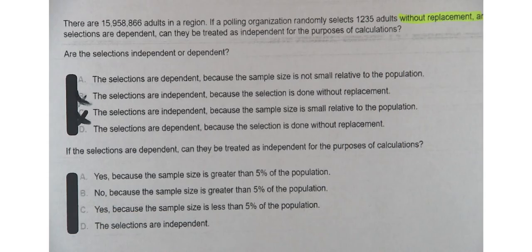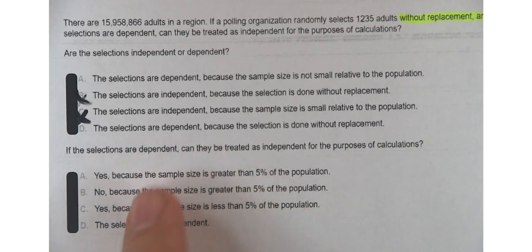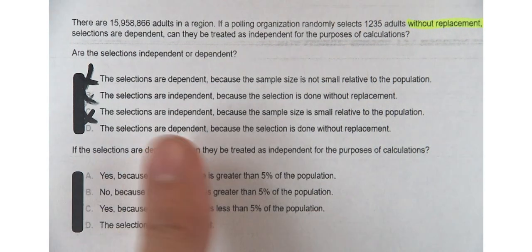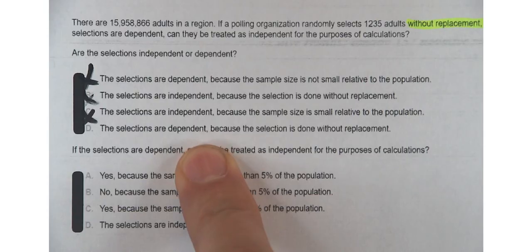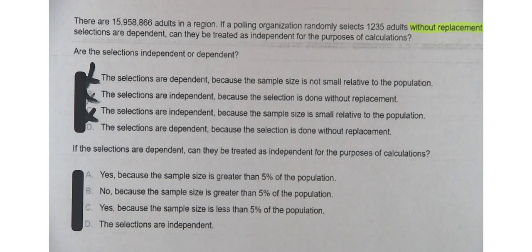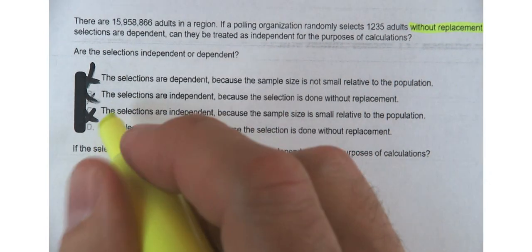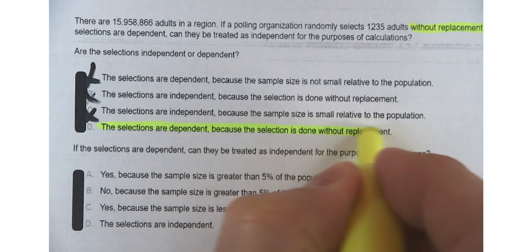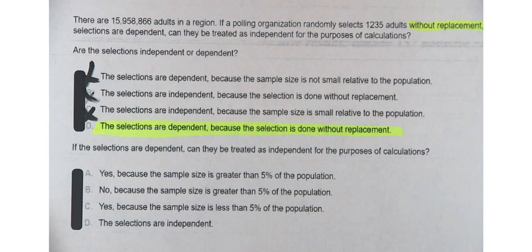So the selections are dependent because the sample size is not small relative to the population. No, that one's not true. Sample size is small relative to the population. It's less than 5%, much less than 5%. Actually, it's probably less than 1%. So the correct answer here is this one.